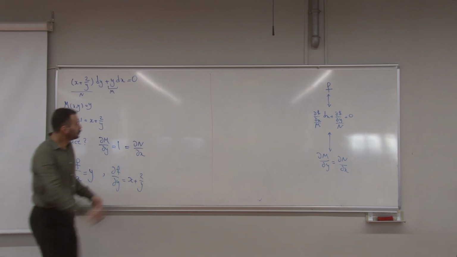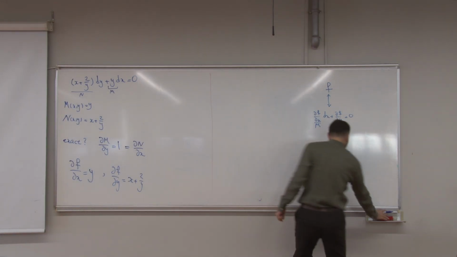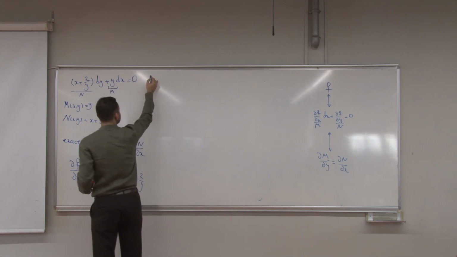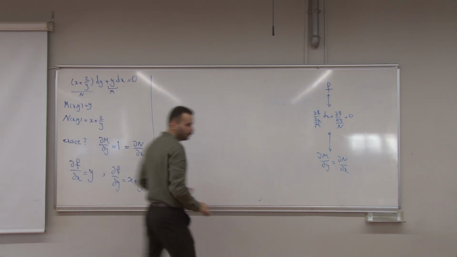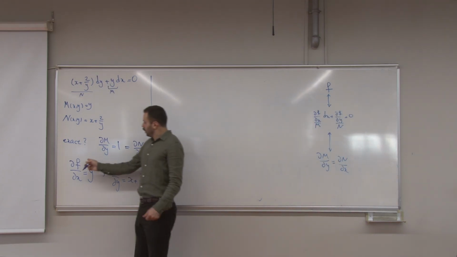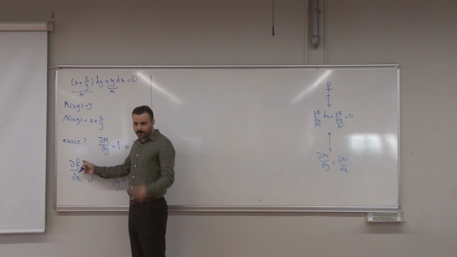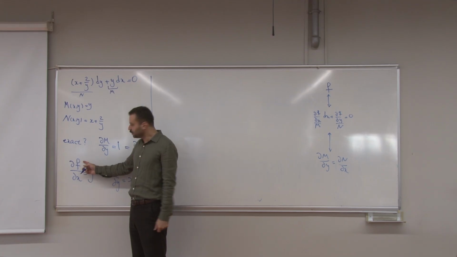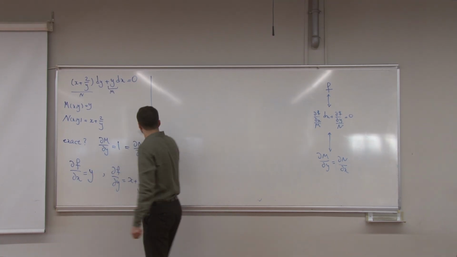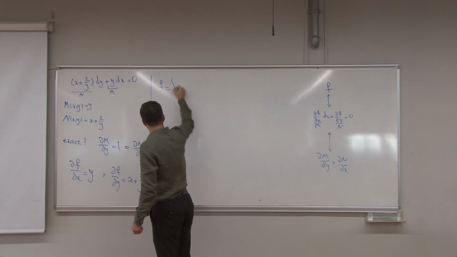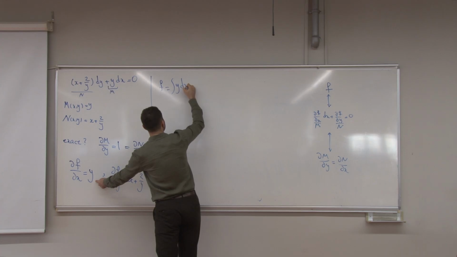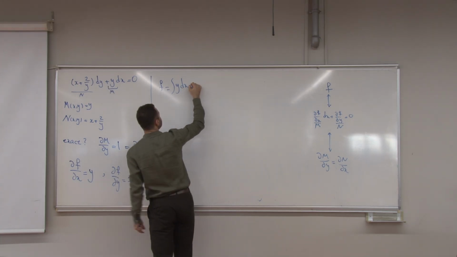What should I do? Let me just have this removed from here to here. The question now turns into this. I have a function f. I took the partial derivative with respect to x and I got y. So what is the f? f is the integral of this with respect to x plus c.